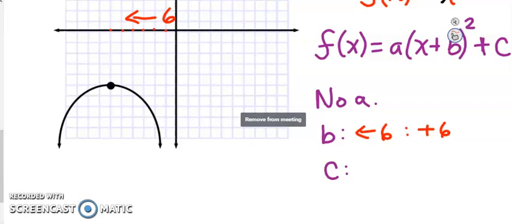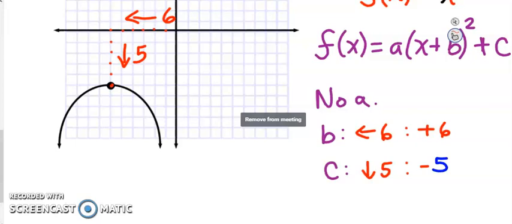All right, then we go 1, 2, 3, 4, 5 down. So if we're going down 5, that means -5. All right, but then we have one more transformation that's happening right here. Hopefully you can see it.